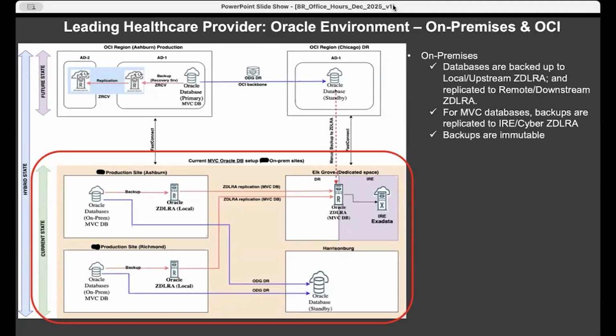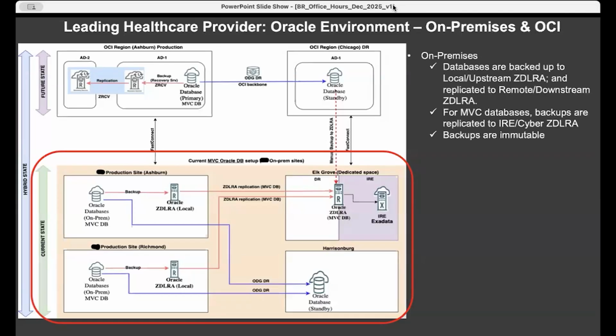Now, during normal operations, when there is no cyber attack, the databases are backed up to the ZDLRAs, and then the backups are replicated to this ZDLRA. We are not using the air gap feature that Gagan and Tim were explaining.